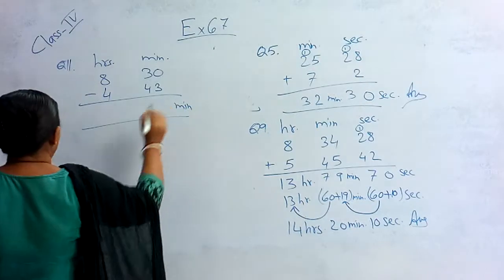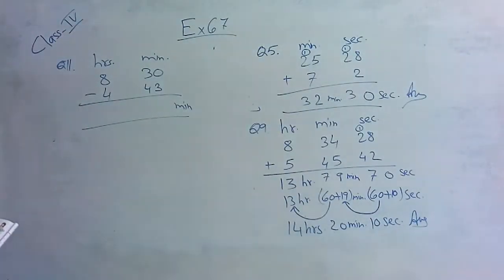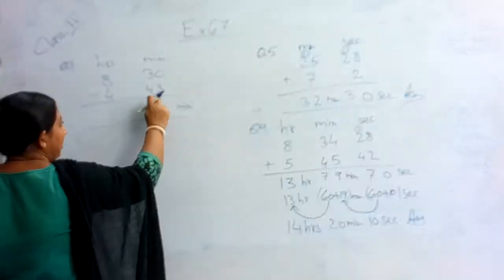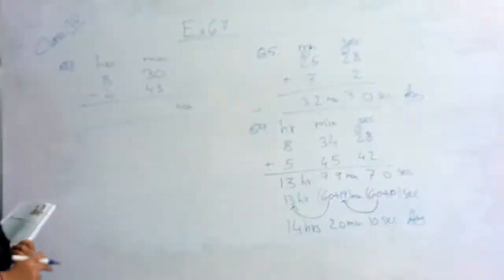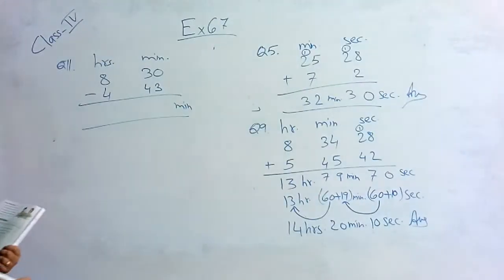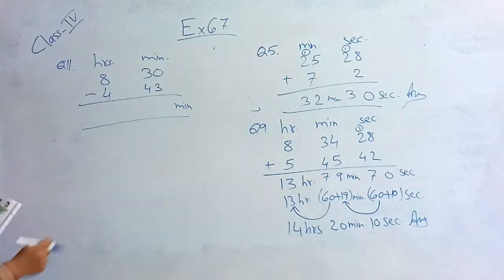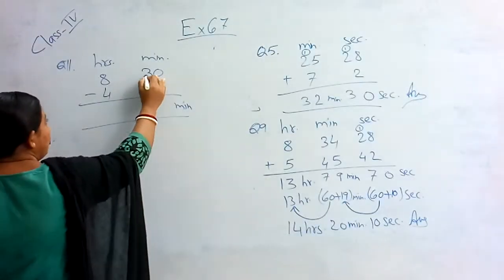This will give you what? How will you subtract? See, here it is a bigger number. So what you will do, you have to carry from this side. In addition, we were adding here, but in subtraction, you have to take a carry, because 30 is less than 43. You cannot subtract. So you have to carry.